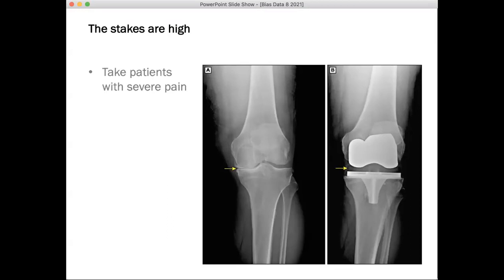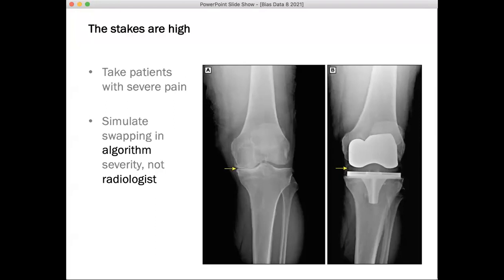And we know that there are huge disparities in access to those surgeries between Black and white patients. We've always assumed this was about the standard factors like access to healthcare and insurance and things like that. But we were also interested to know whether this bias, this underreporting of knee pathology by radiologists in Black patients, could also be part of the story.